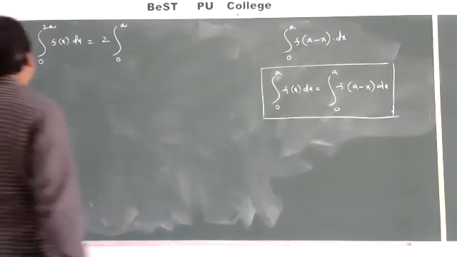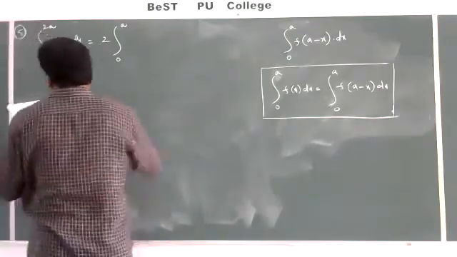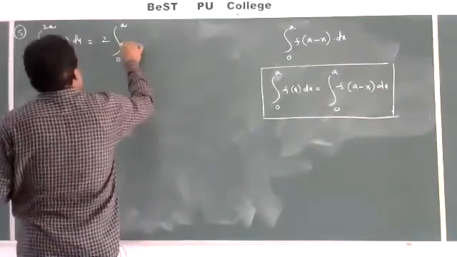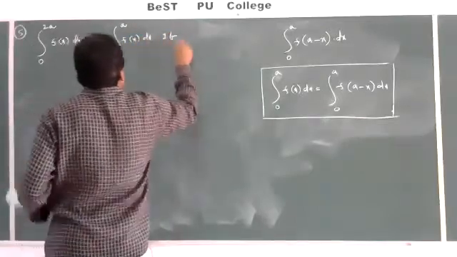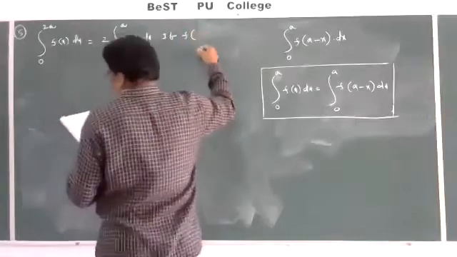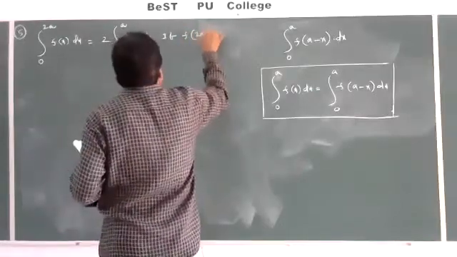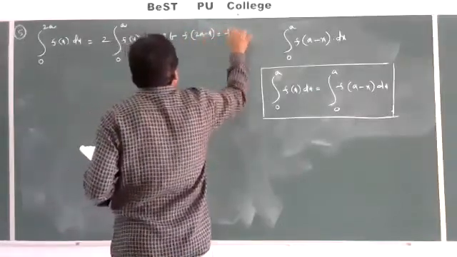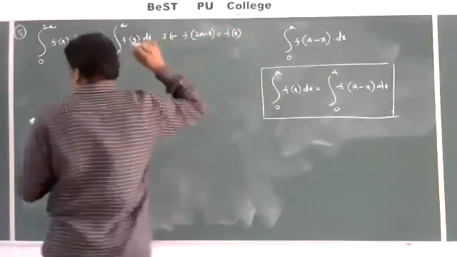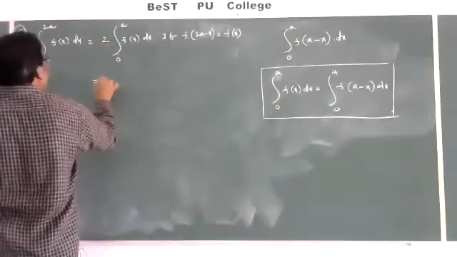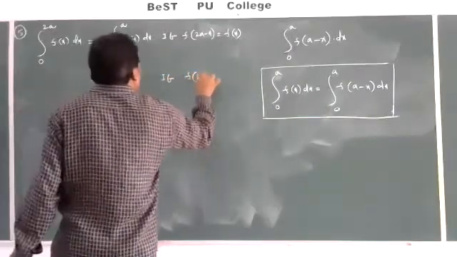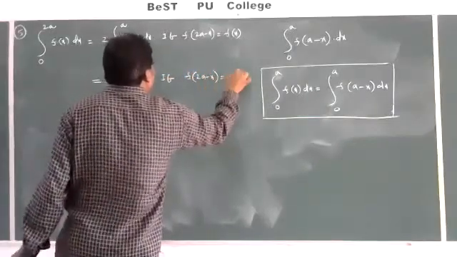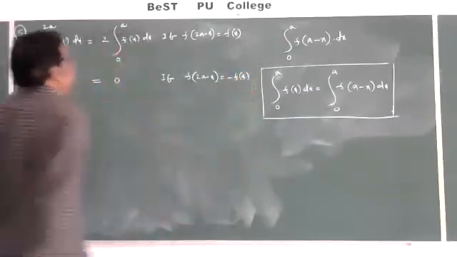Yes, that is 2 into integral 0 to a f of x dx if f of 2a minus x is equal to f of x. That is equal to 0 if f of 2a minus x is equal to minus f of x.